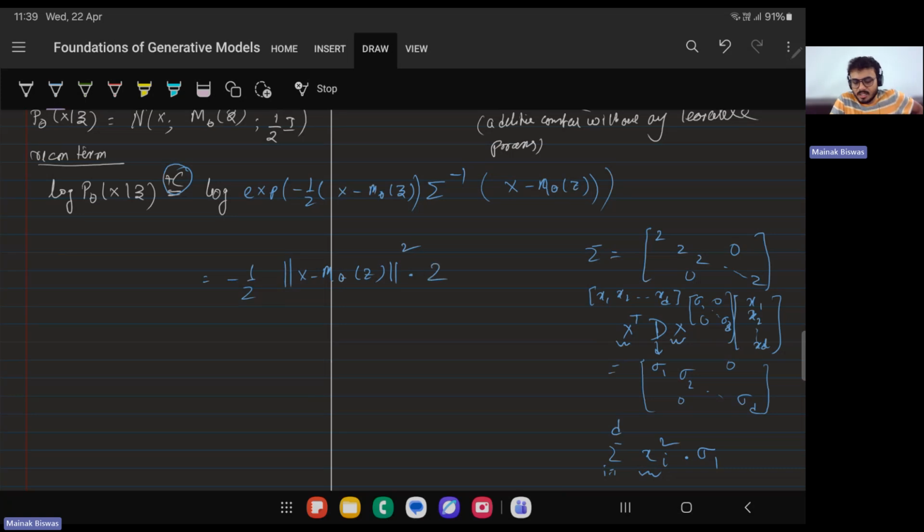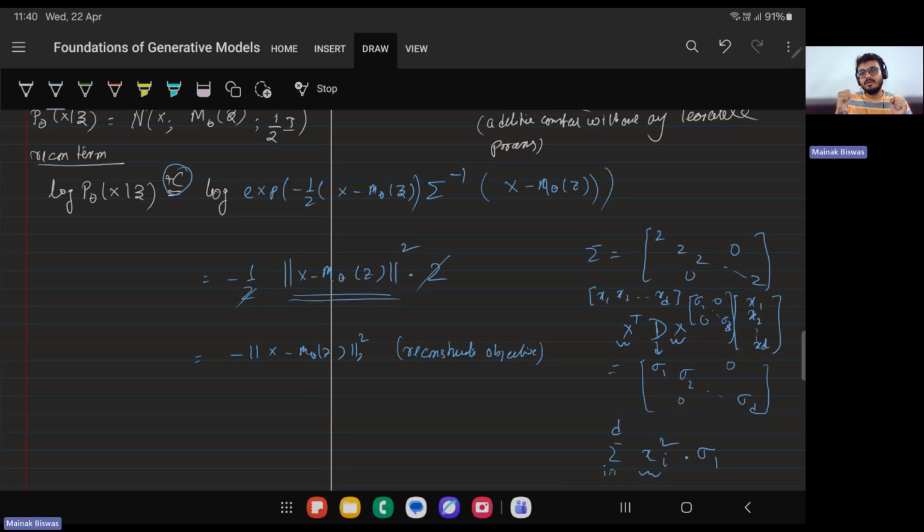So you can take 2 common, and you have the reconstruction term, which is the distance between the actual data and the reconstructed data, times 2. So you get this as the objective. This is the reconstruction objective, which you maximize. Now you're saying that you're not getting better reconstruction.